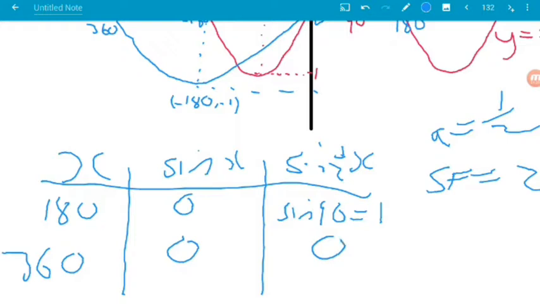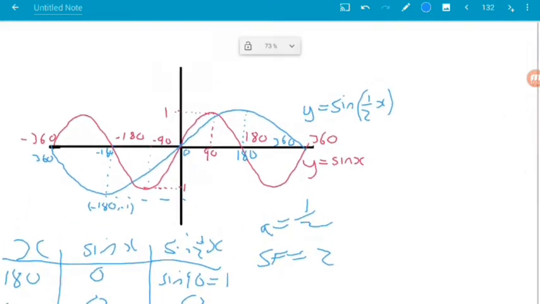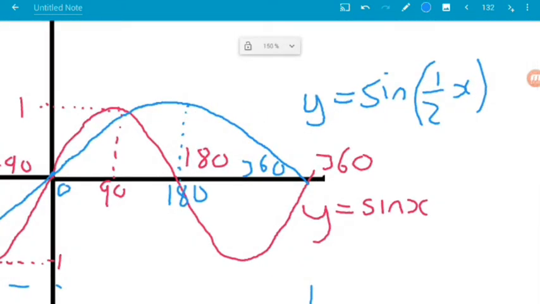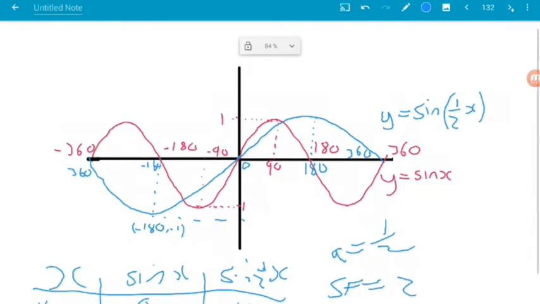But instead of that giving us our second x-intercept, it's just our first x-intercept after 0 over here. So fractional values of a slow the graph down. Okay, now we're going to have a look at quadratics and cubics.